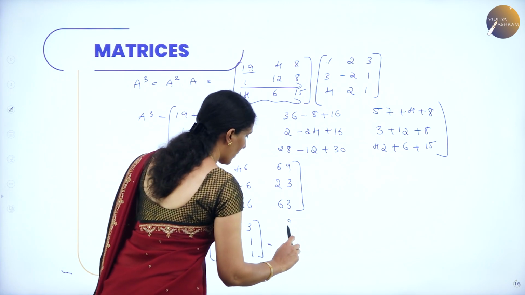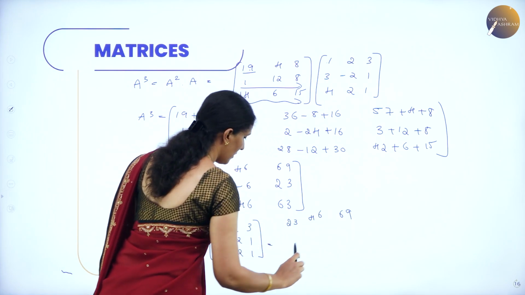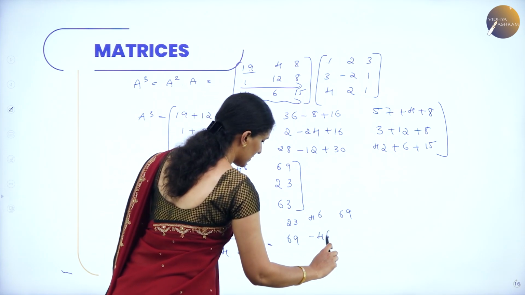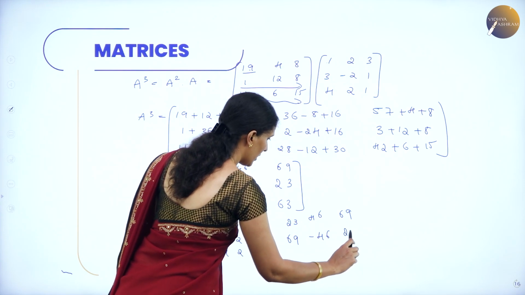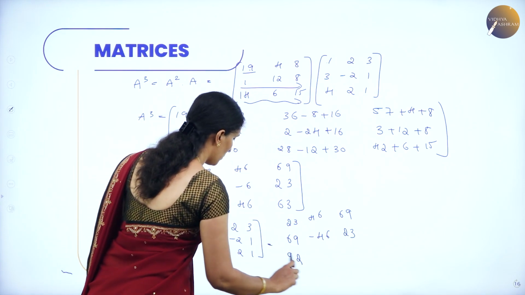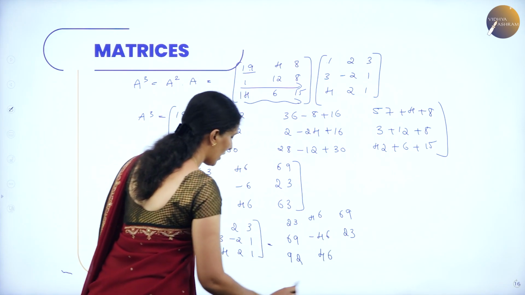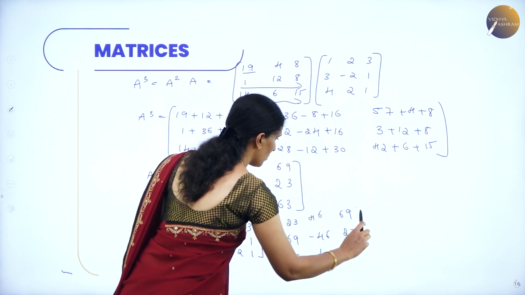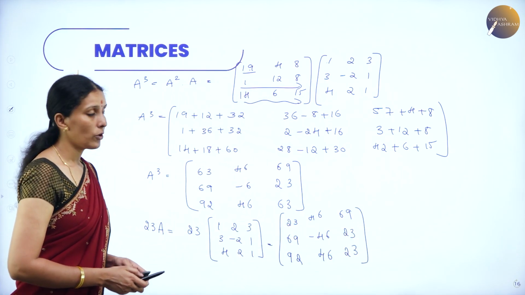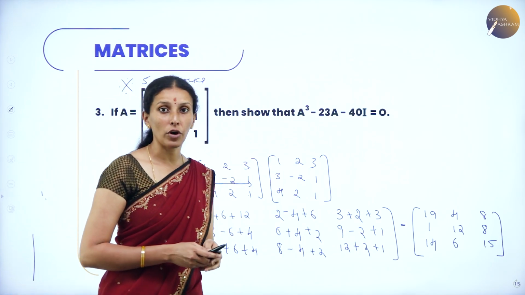So, we get the value as 23, 46, 69, 69 and minus 46, and here we get 23 again. Next 23 fours are 92, 2s are 46, and next we have 23. So, this is 23A. So, why I need to find out 23A? Because we need the equation A cube minus 23A minus 40I.